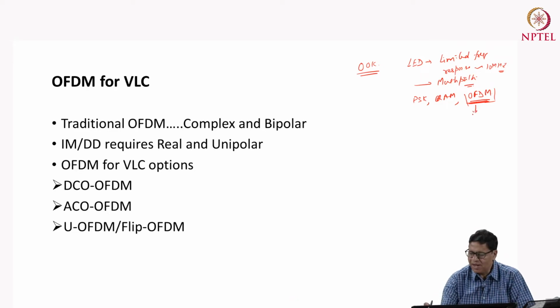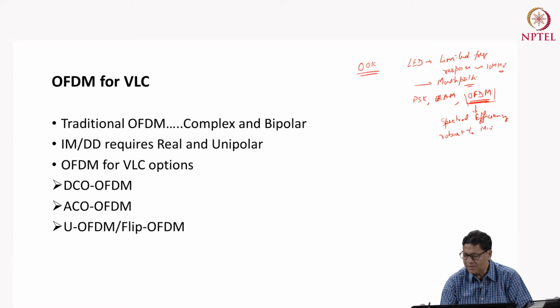OFDM, we know, has high spectral efficiency and is robust to multipath distortion, and it may not result in ISI.